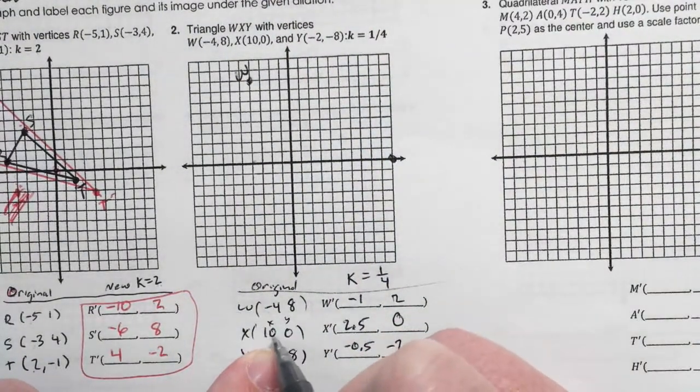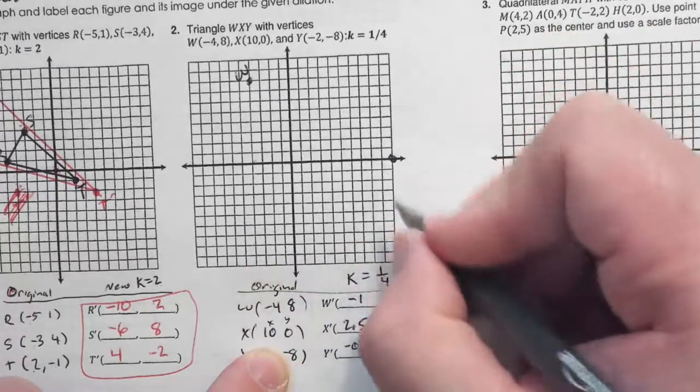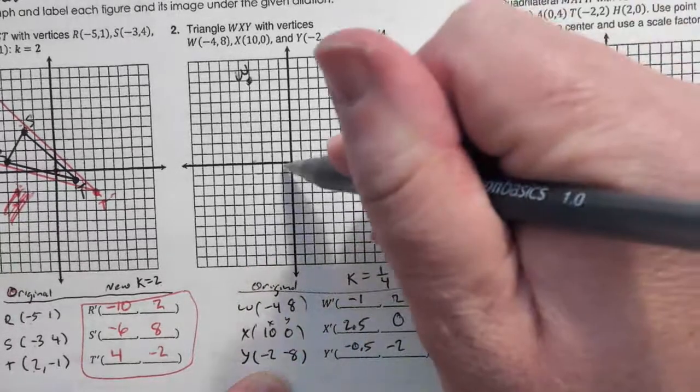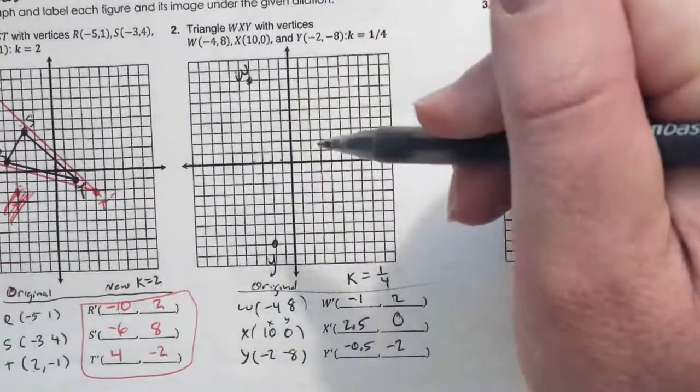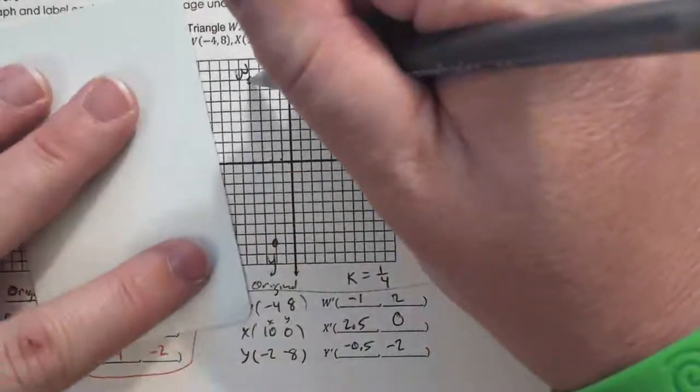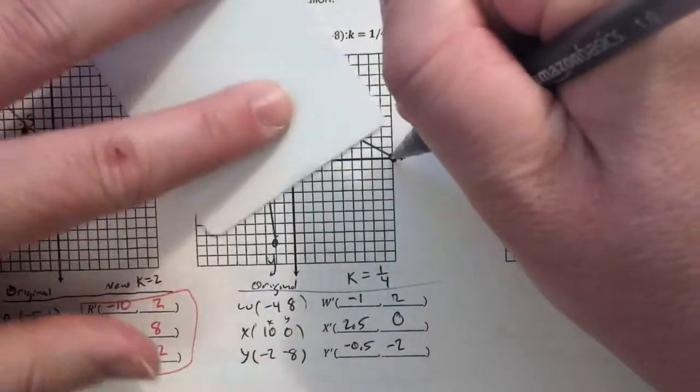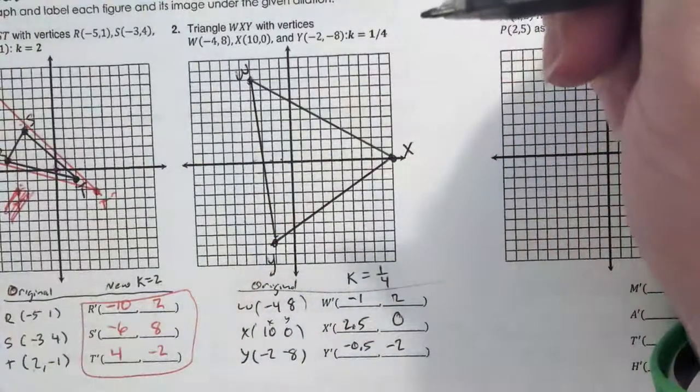The 10 was on the X, so it's on the X-axis. That will be my X. And then -2, -8, that's my Y. Take your straight edge, which is usually your ID, or you can use your credit card, whatever you like. So that's the original.